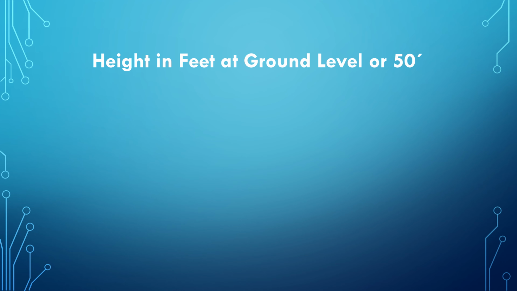Normally you would see it clearly stated in this way: height in feet at ground level. Or you may see this symbol right here, the 50 with this little tail at the top. Those are keys to tell you whether or not the height of the land is in feet. Whenever you see them clearly stated like that, you know that the height of the land is in feet.